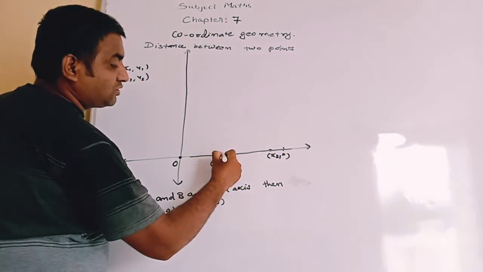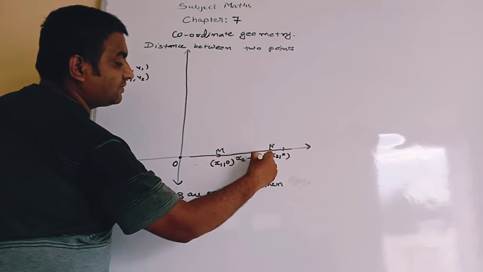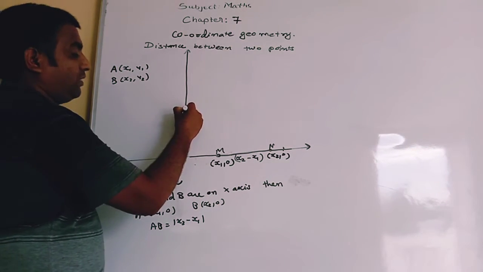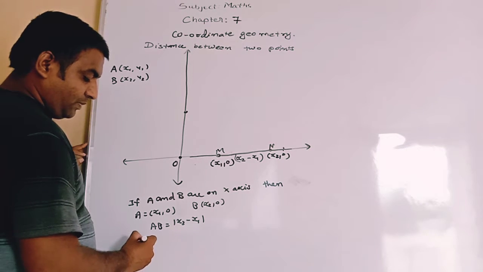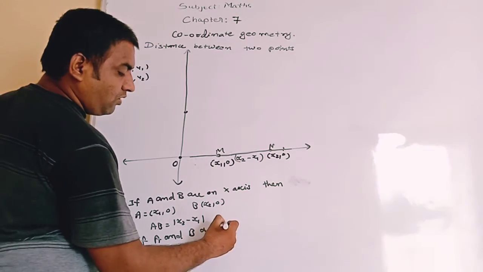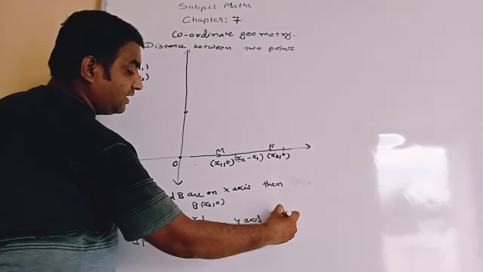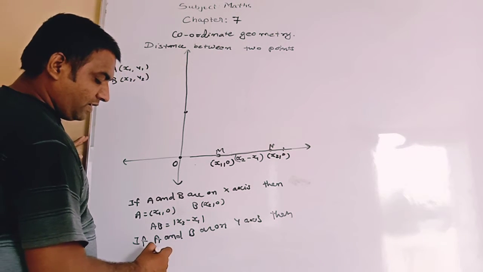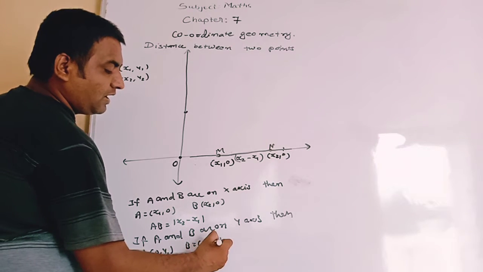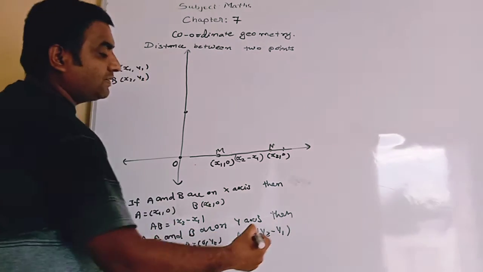Same way, if A and B are on the y-axis, then A coordinates will be (0, y1) and B coordinates will be (0, y2) and the AB distance will be modulus of y2 minus y1.